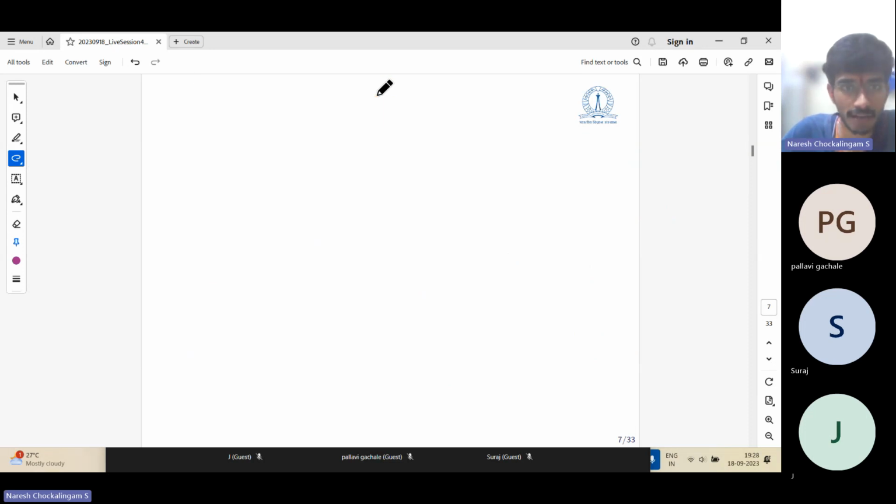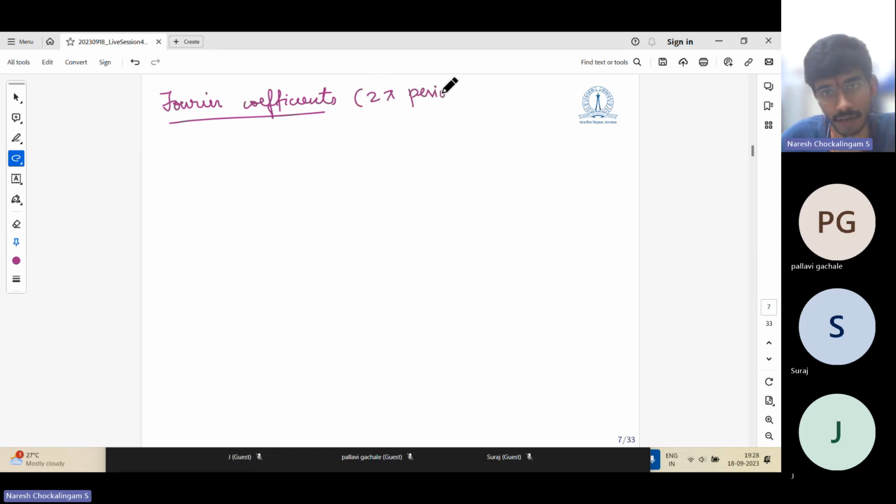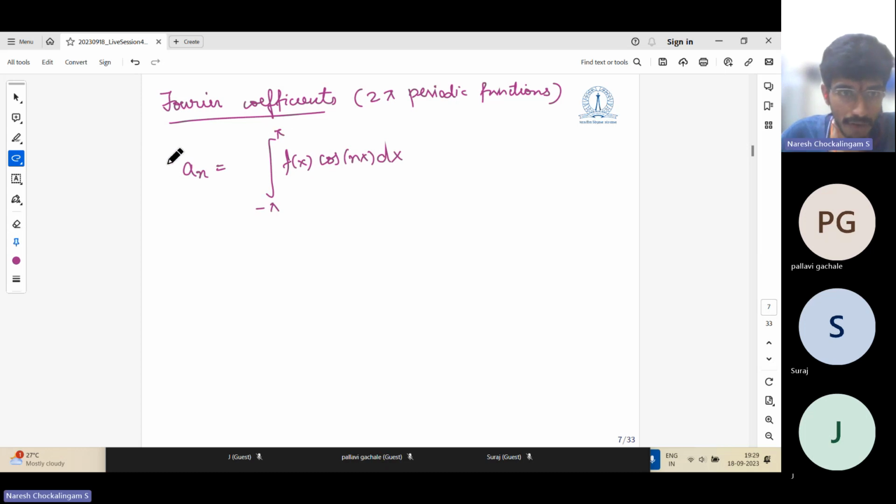Therefore, the Fourier coefficients for 2 pi periodic functions are given by: pi times an is equal to the integral of f of x cos nx dx from minus pi to pi. When you integrate everything, all the other terms vanish, so you'll get a pi here.